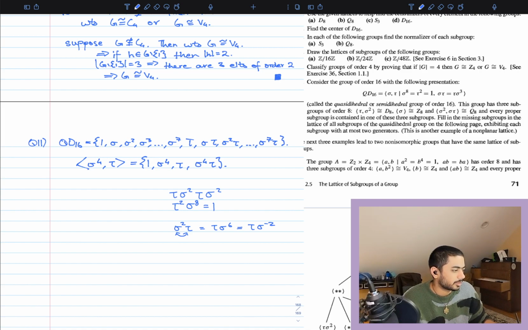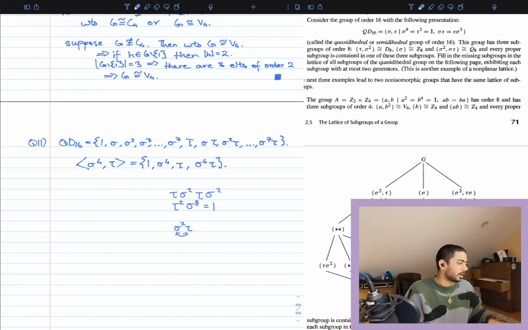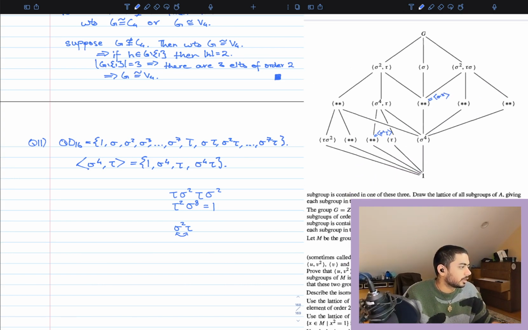I don't know. Doesn't seem to be, which kind of bothers me because I was under the impression that this, and whatever this is, would form another version of the dihedral group, but it doesn't seem to be that way.